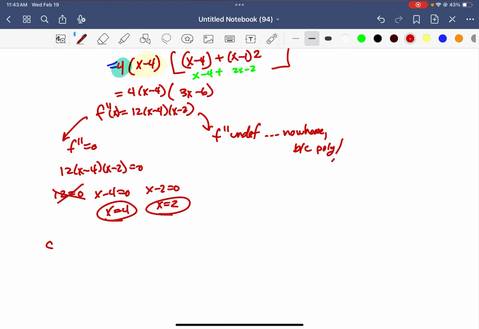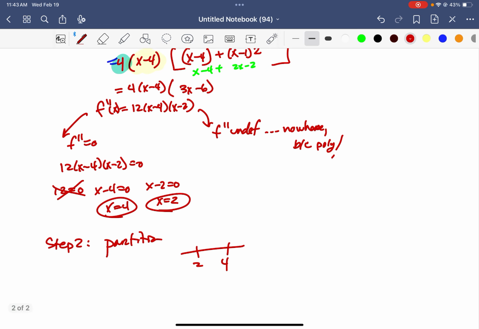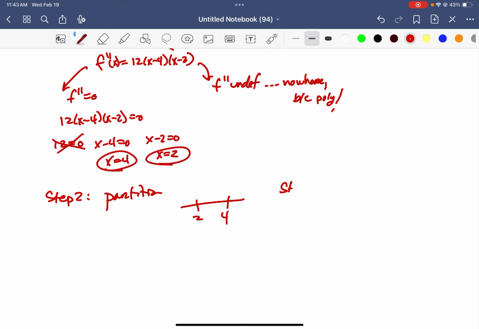So then step 2 is to partition. So I get 2 and 4. And then step 3 is to chart. So if I chart that sucker, maybe I'll do it right here.